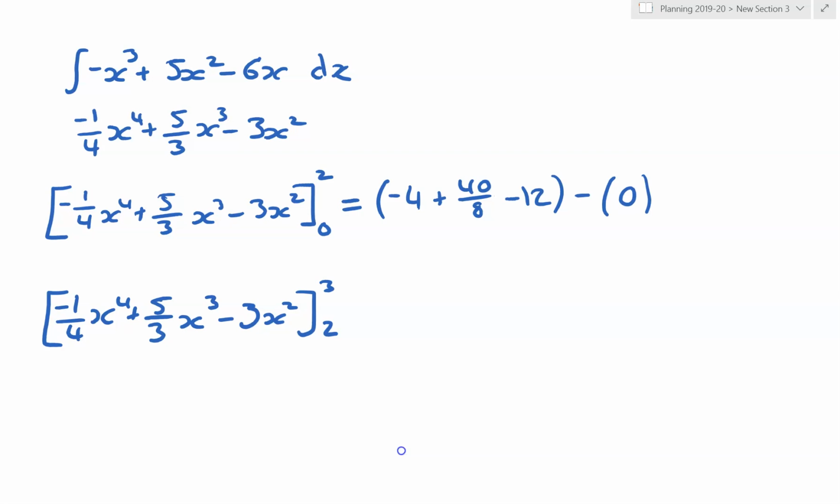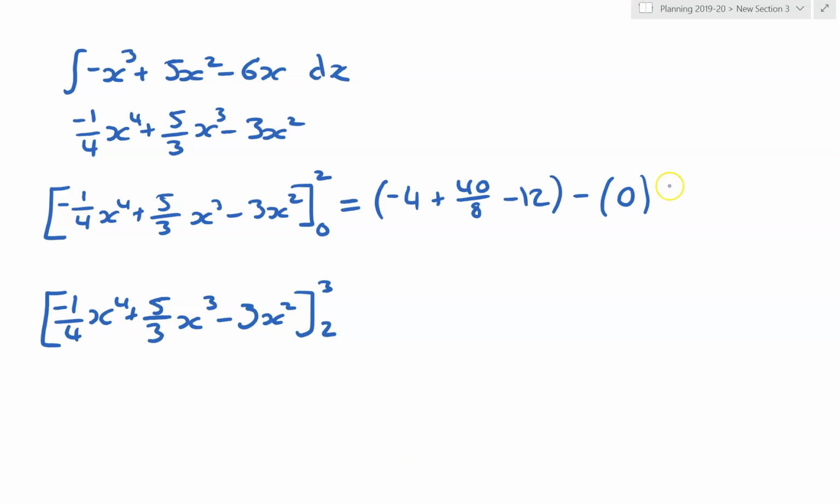That is going to give me negative... where is it in my notes? I've gone and lost it. 8/3. So the area of that is just 8/3. I'll come to that in a sec.